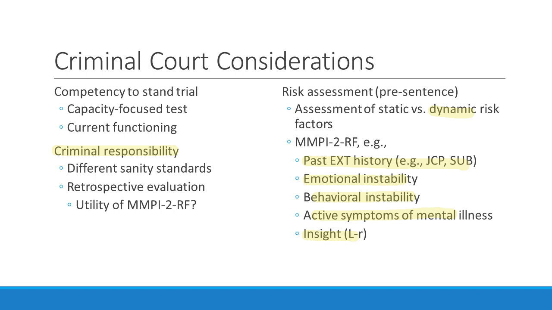There's no insight scale on the MMPI-2-RF, but we know from past research on the L scale and previous versions of the L scale that it is implicated in having poor insight, especially if there is no other reason to suspect the person is underreporting.